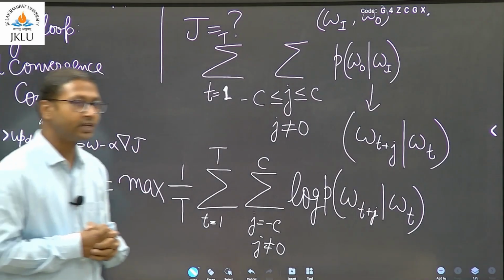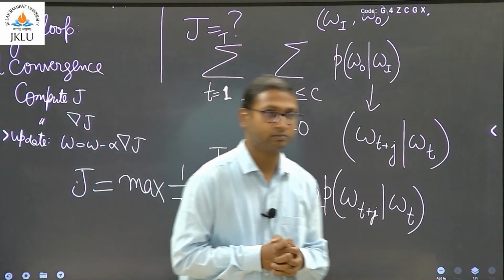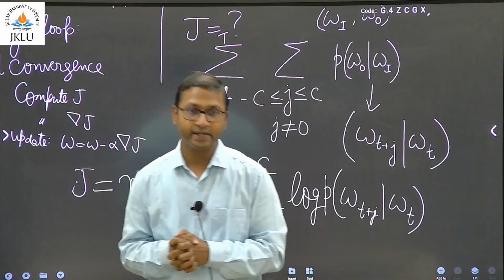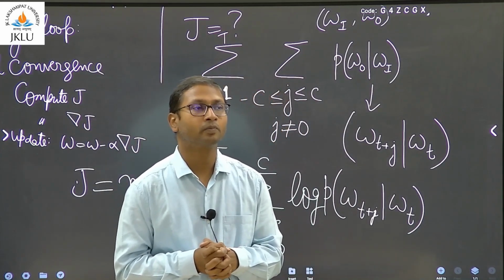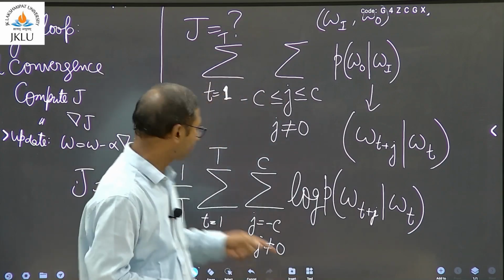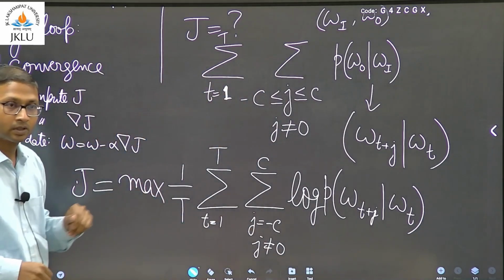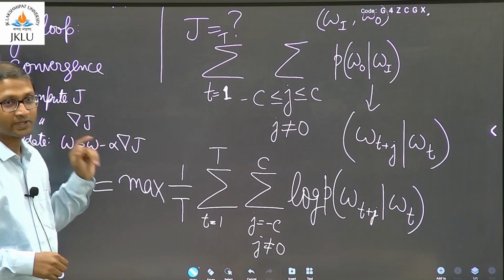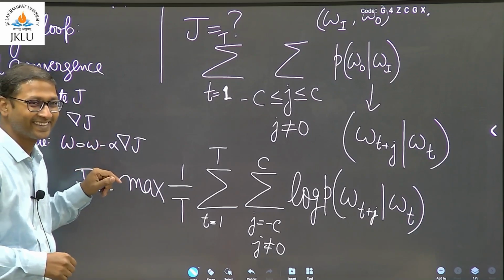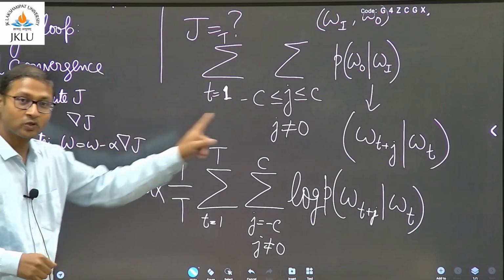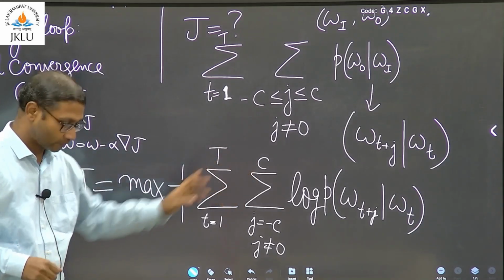Gradient descent will not take you to max. Gradient descent will take you to minima. So what should this function be? ये max फिर से उड़ेगा. Minus of this whole thing. Okay.